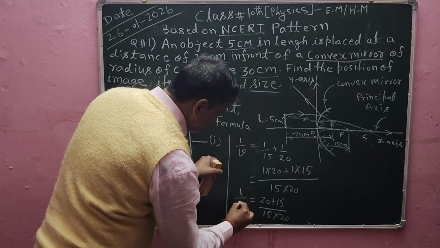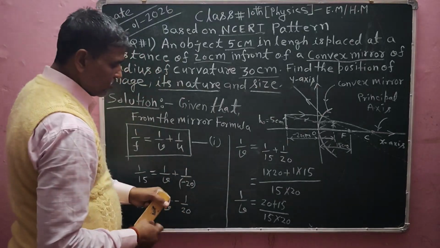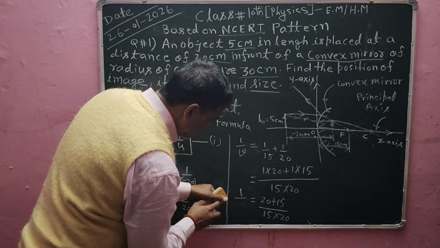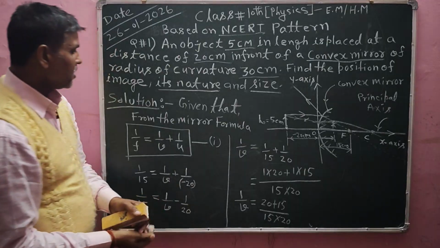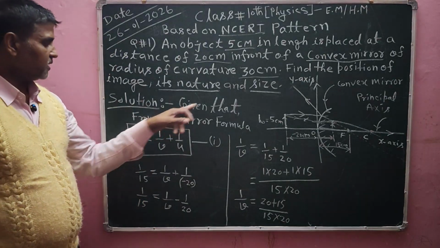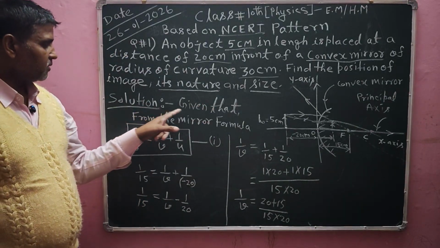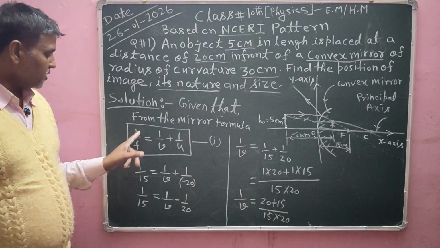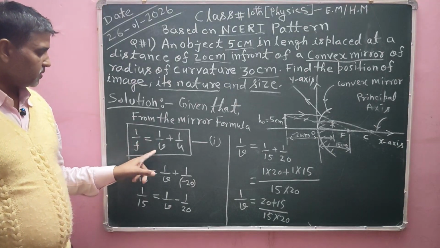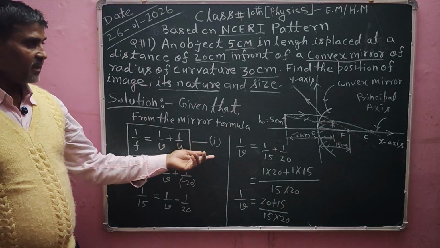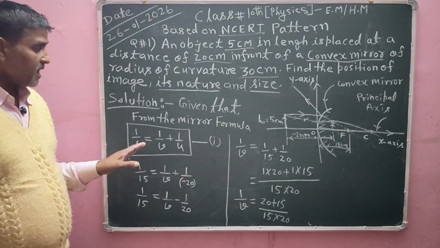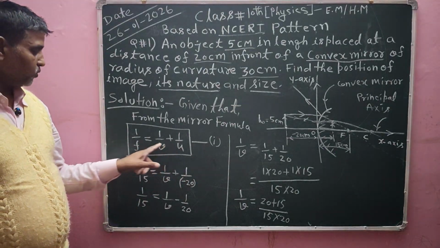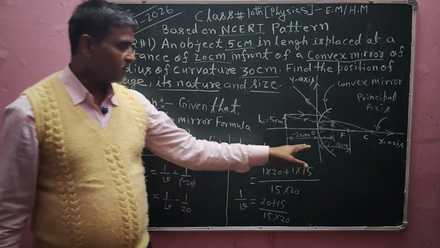This is the value of 1 by v. So here I have written, given that from the mirror formula 1 by f is equal to 1 by v plus 1 by u, and I have written here this is the equation number 1. Now I have to substitute the value of u, v and f from the diagram.